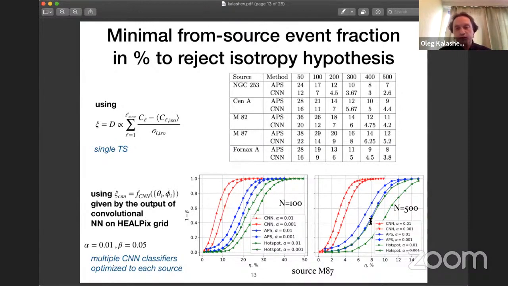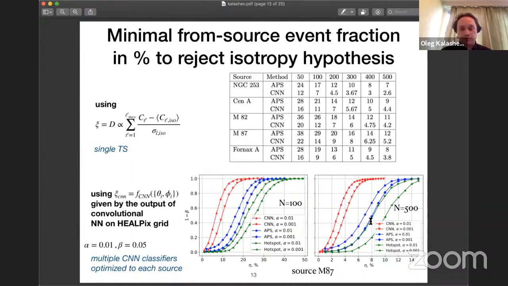In terms of the fraction of from-source events, we get an improvement by a factor between 2 and 3. And in terms of the required number of events to be sensitive to a fixed fraction, the improvement is roughly a factor of 4. So this is a great improvement.